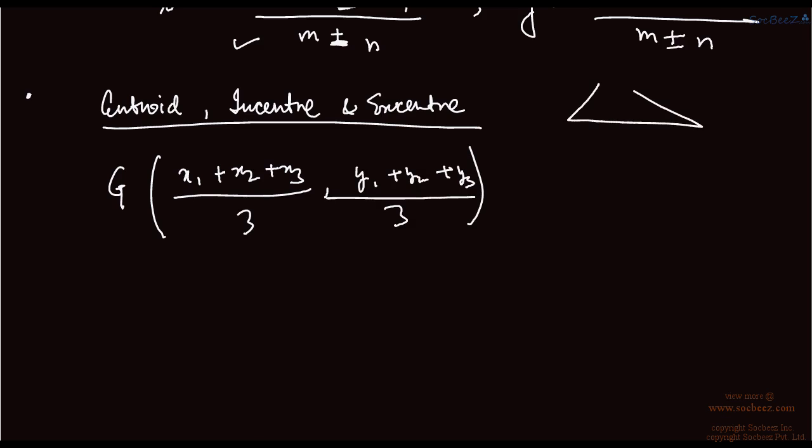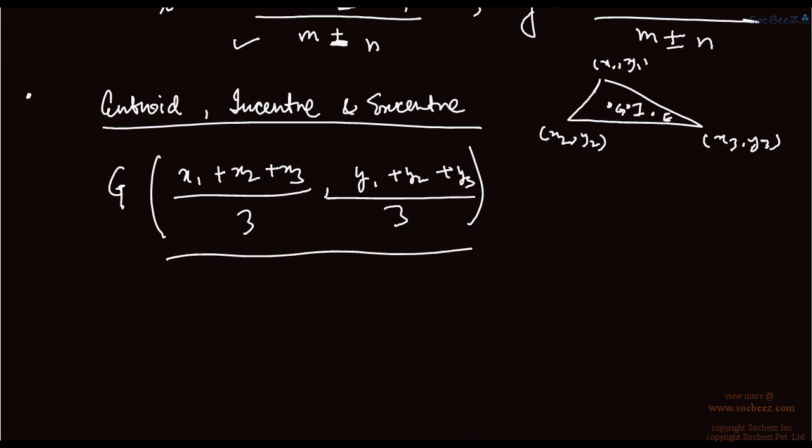I am talking about a triangle here, which has the coordinates (x1, y1), (x2, y2) and (x3, y3). It has a centroid G, okay, and it has an incenter, let's say I, and excenter I1. So the formula for G is this.